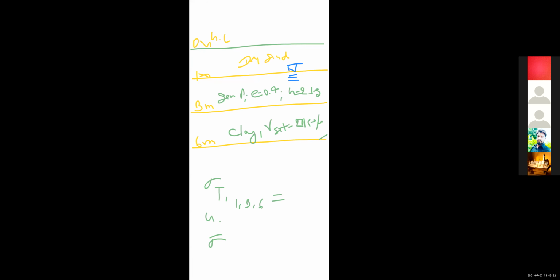So what is the value of total stress at 1 meter? It is very easy. First, we have to find the unit weight of dry sand. How do we calculate the unit weight of dry sand? The sand properties are given: void ratio 0.4 and specific gravity 2.65.